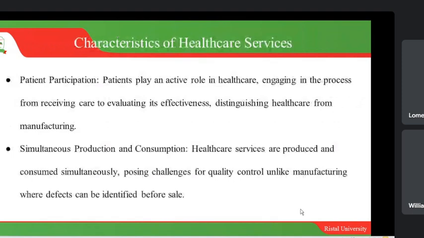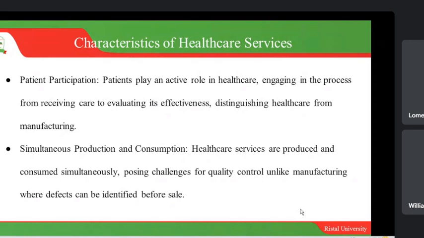And then we are going to look at what we call characteristics of health services, and we are saying they have different characteristics. Number one, what we call patient participation, and we are saying patients are people that are going to be playing a very active role in healthcare, so we need to involve them. That is what we are talking about when we talk about participation.